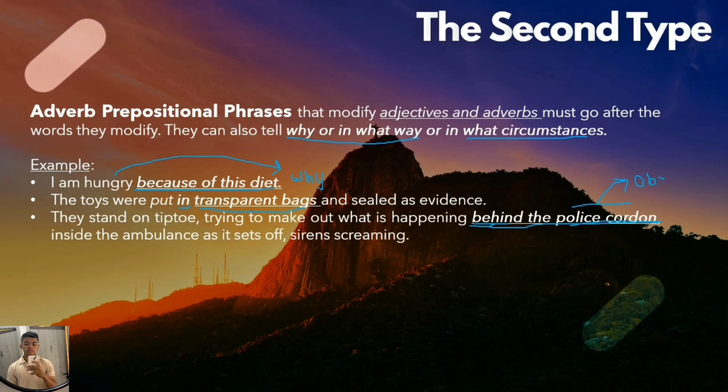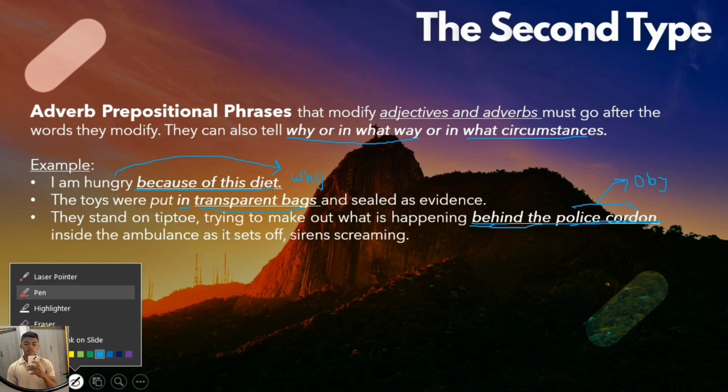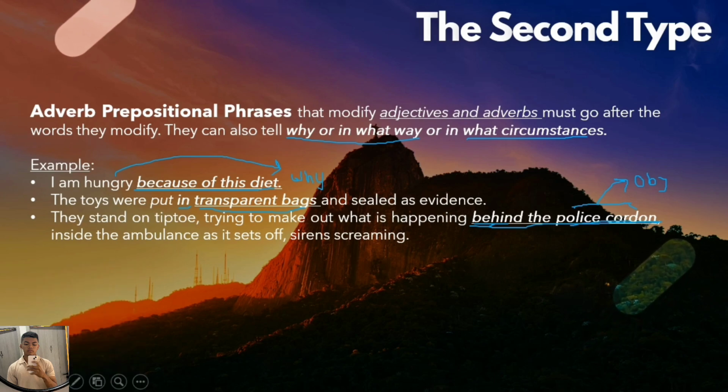The prepositional phrase "behind the police cordon" is set off by a comma in the middle of this sentence. So, the position of the prepositional phrase in the sentence is an adverbial function.